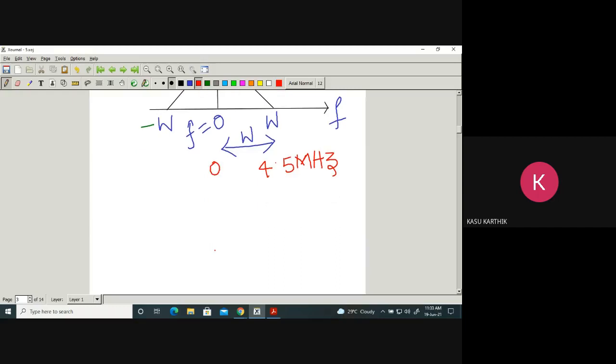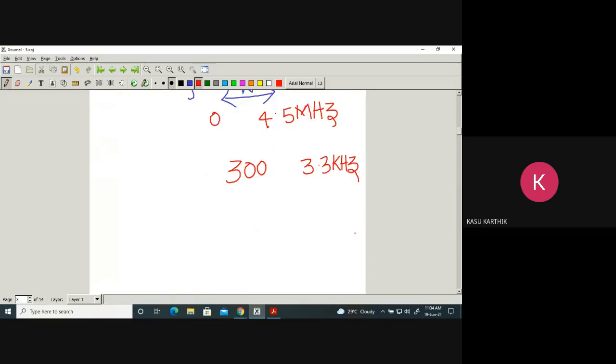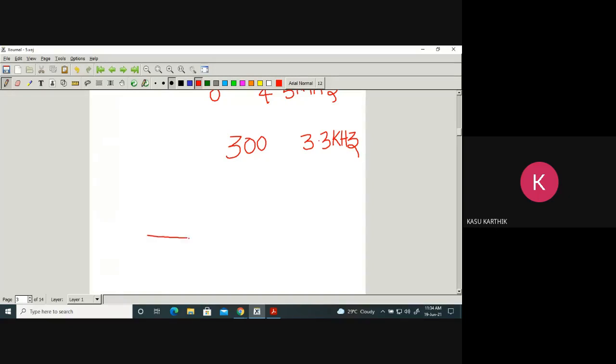Correct? Now suppose you take voice. It starts from where? Not from 0. It starts from 300 hertz to 3.3 kilohertz. Which means if I draw the spectrum of voice signal, it does not start from 0, instead it starts from 300 and goes to 3300.